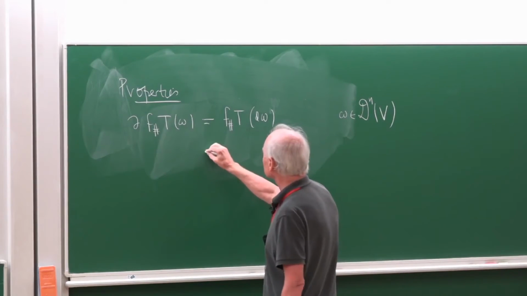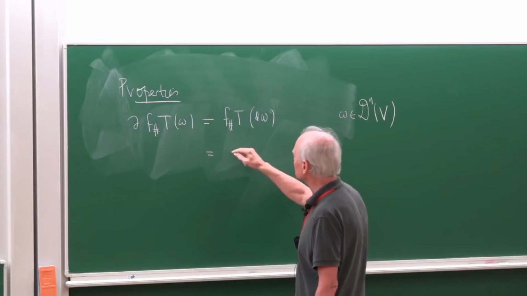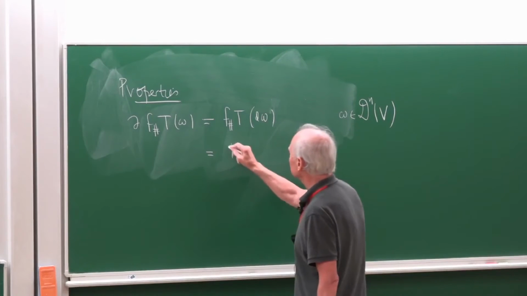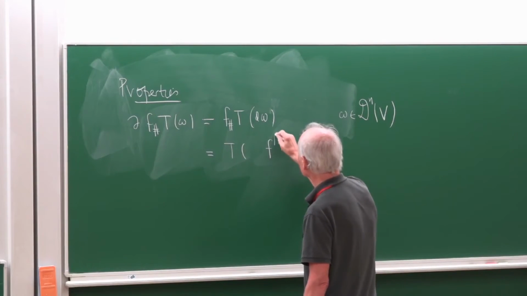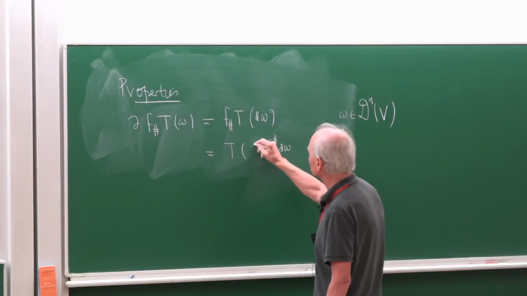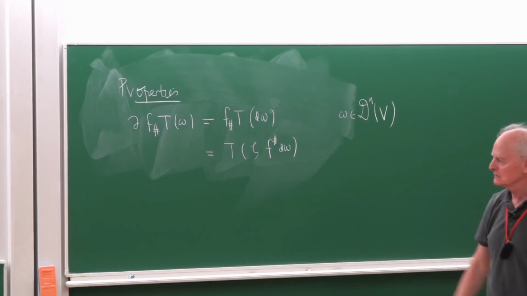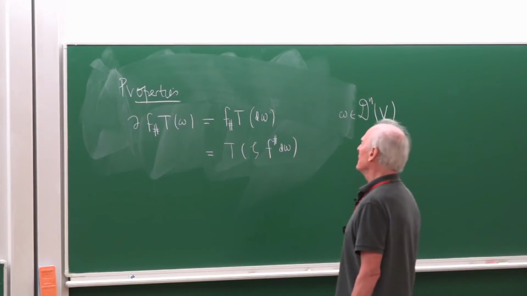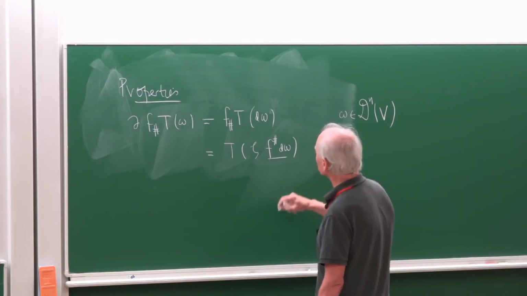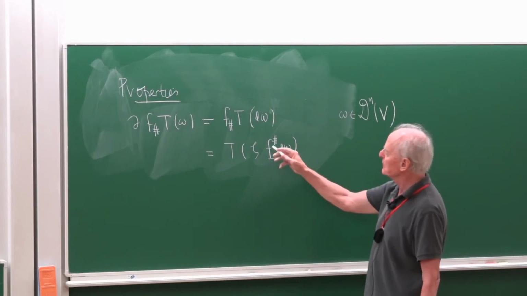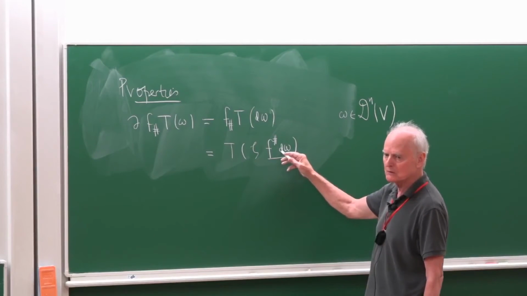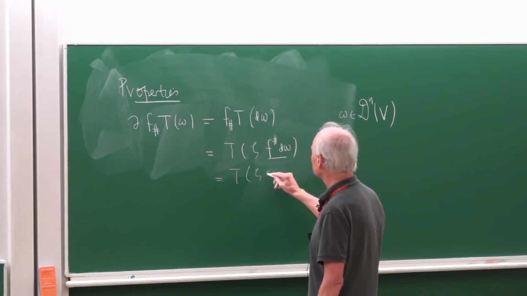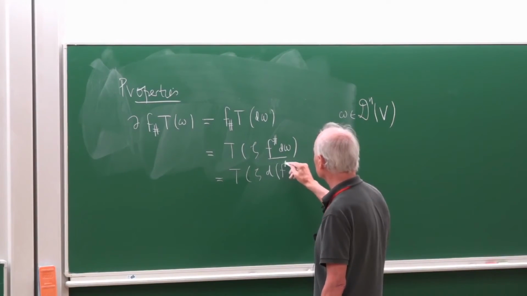And that, by definition, is exactly equal to T of the pullback of d omega times this function zeta, which we used in the definition of pulling back. And now, remember, one of the properties that we checked about forms is that pulling back and d commute. So this is the same as T of zeta d f sharp omega.